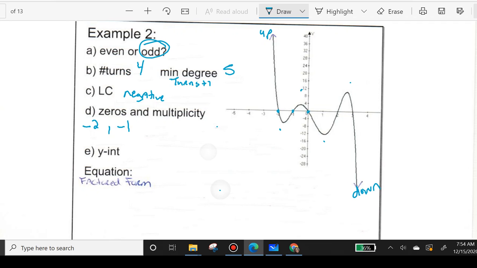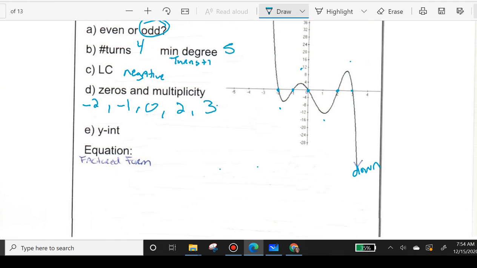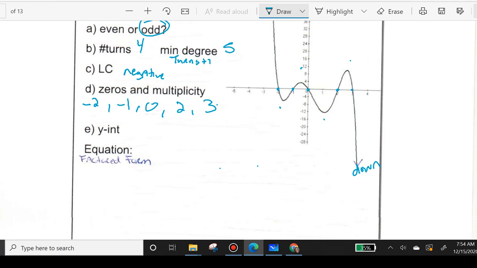Then we have 0. And then we have 2 and 3. All of those have a multiplicity of 1. So since the multiplicity is 1, I don't need to write that. That's the given. And then the last thing is the y-intercept. The y-intercept here is going to be 0.